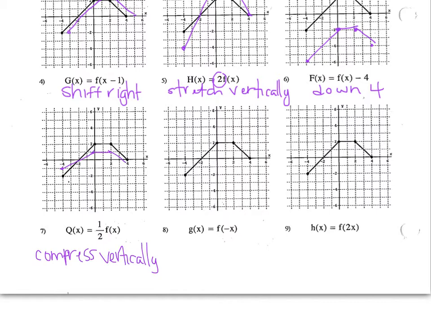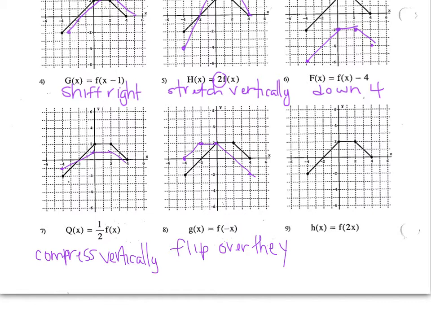Number 8, the negative is on the inside, so it's going to flip over the y-axis. So +4 becomes -4, -4 becomes +4, the y's stay the same, 0 stays the same, and +2 becomes -2. So I kind of did that in a backwards order, but I did pay attention to all the points.